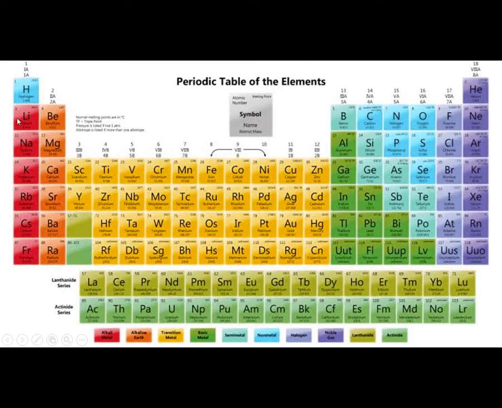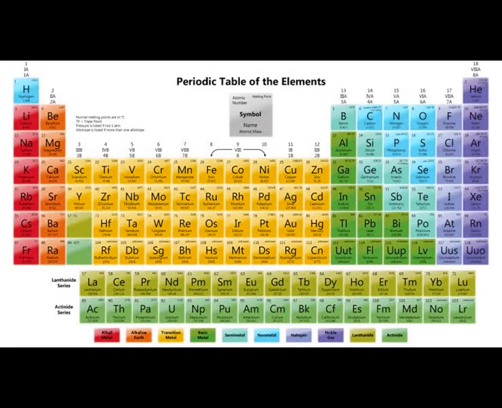Then lithium, which has atomic number 3. Then beryllium 4, boron 5, carbon 6, nitrogen 7, oxygen 8, then fluorine 9, neon 10, then sodium, magnesium, aluminium, silicon, phosphorus, sulfur, chlorine, argon, potassium and calcium. These are the first 20 elements of the periodic table.